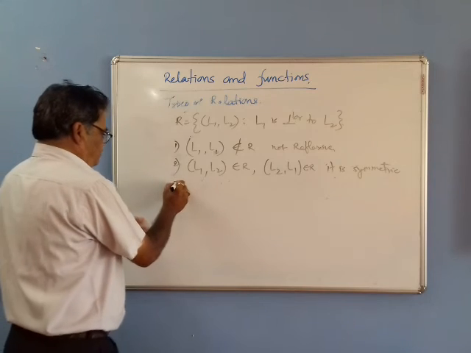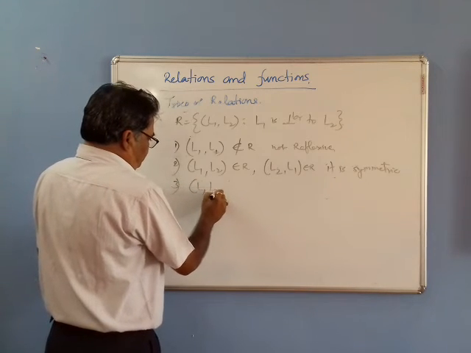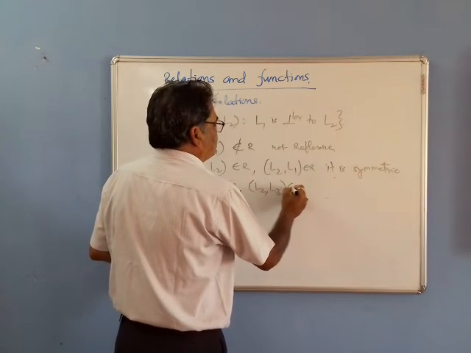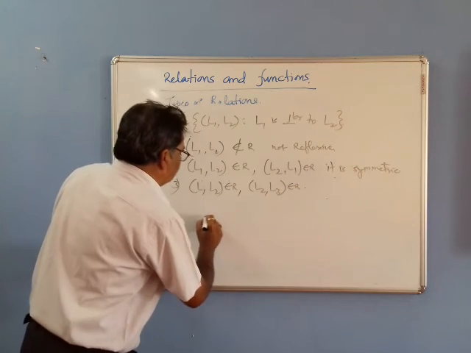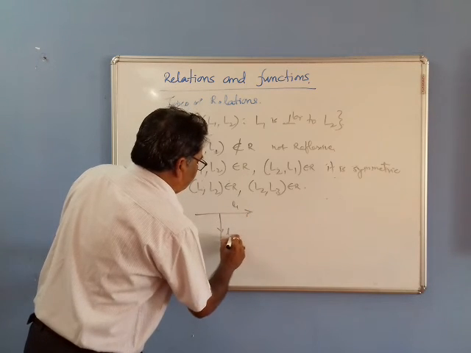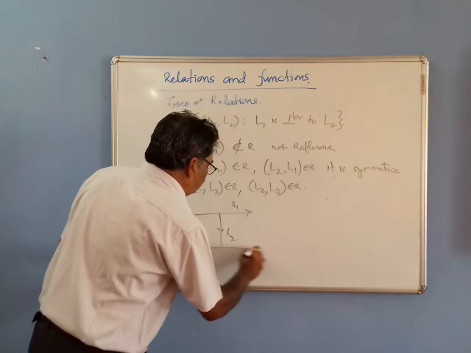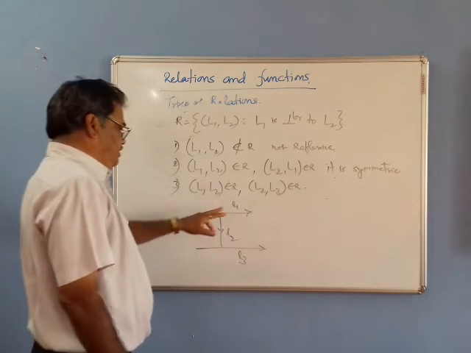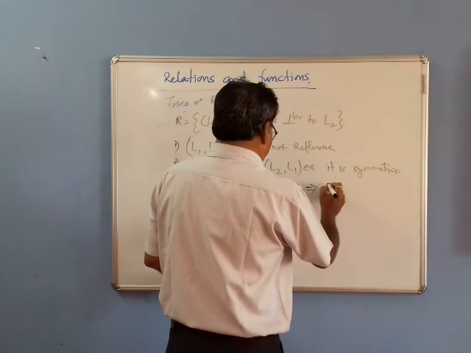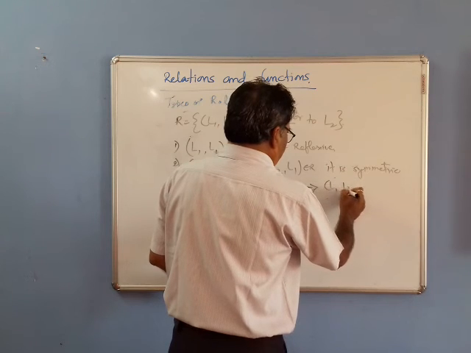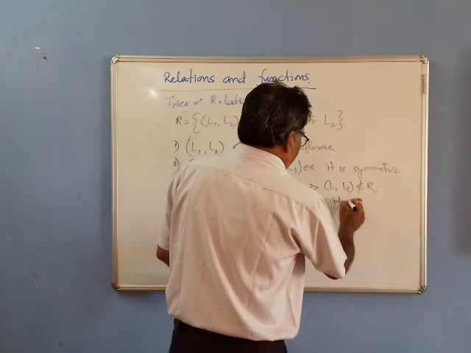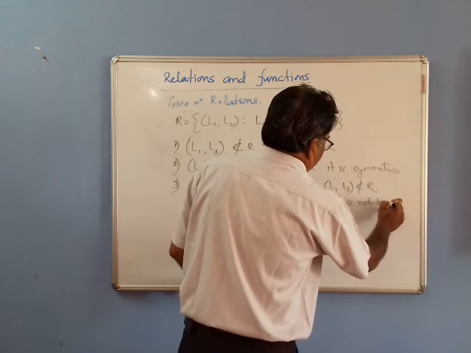And last one, if L1 is perpendicular to L2 and L2 is perpendicular to L3, now see here, this is L1, L2, and L2 is perpendicular to L3. Now see, are L1 and L3 perpendicular to each other? No, they are parallel. This implies (L1, L3) does not belong to R. Therefore it is not transitive.